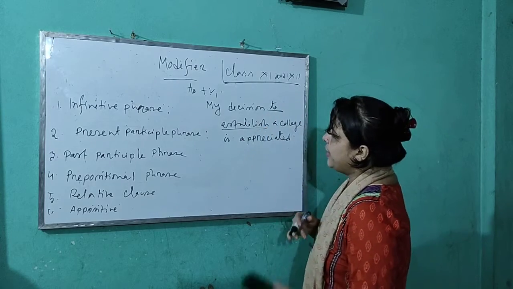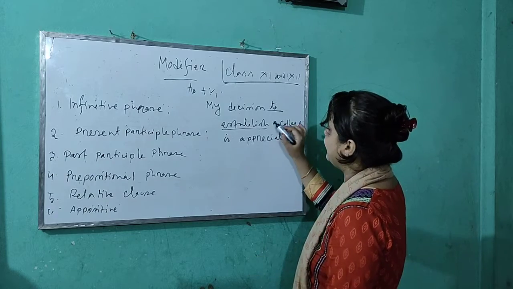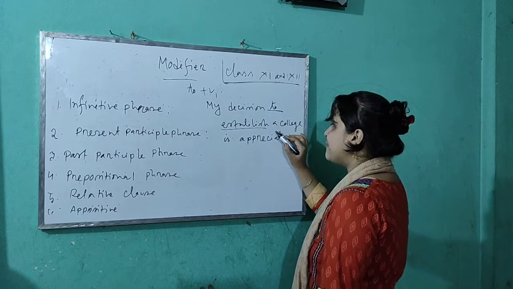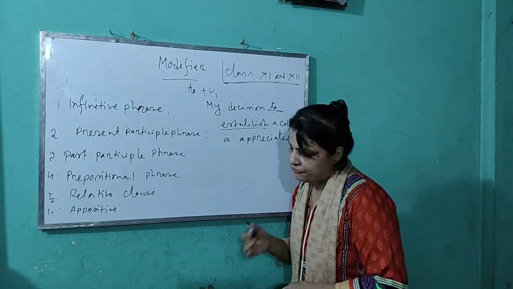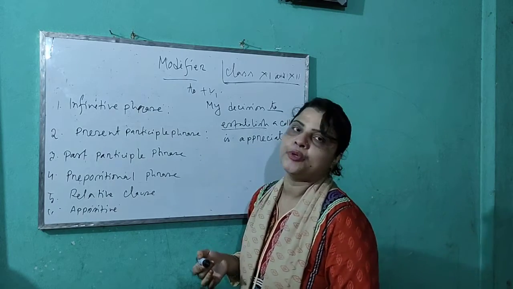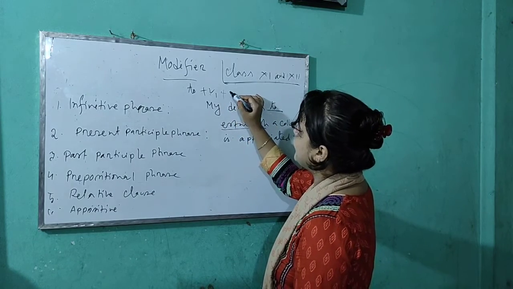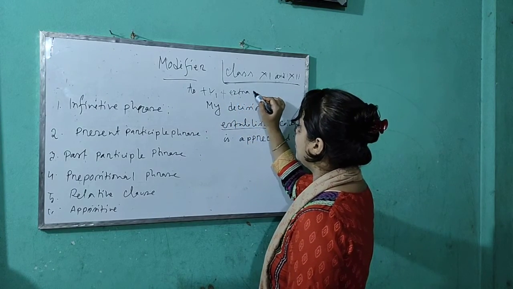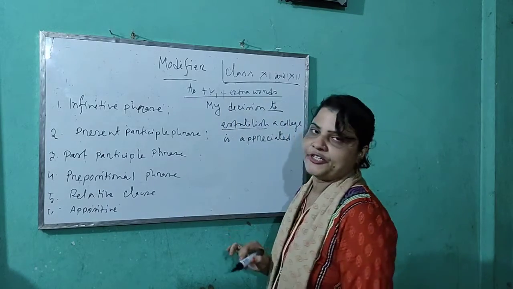But whenever you make it lengthy, using a few more words, this is called infinitive phrase. A phrase is basically a group of words. So to plus verb 1 plus extra words is basically an infinitive phrase.